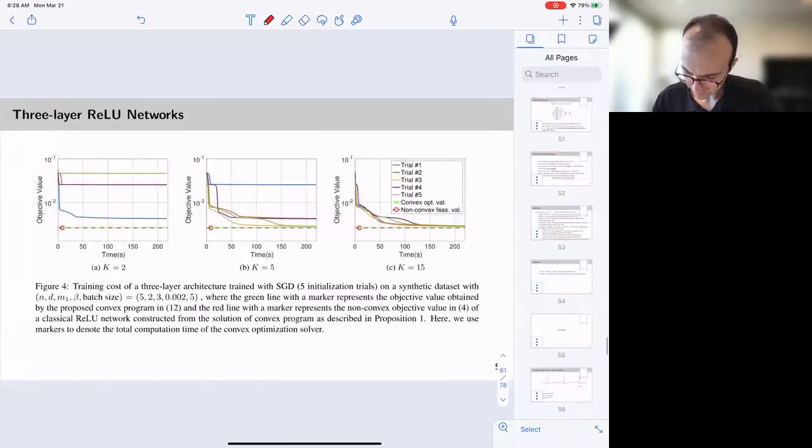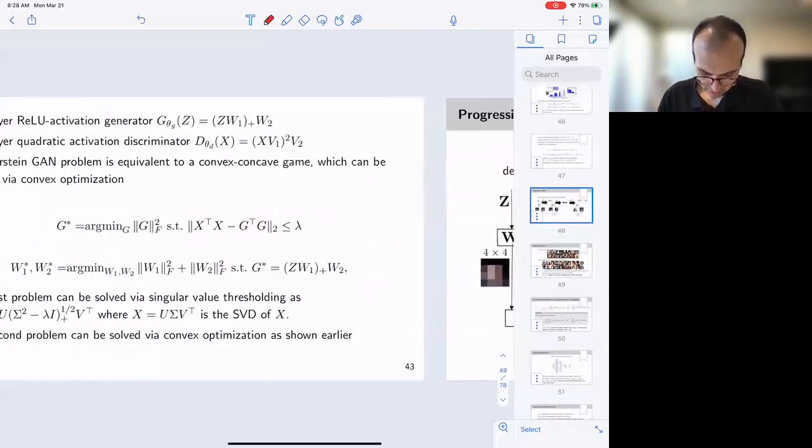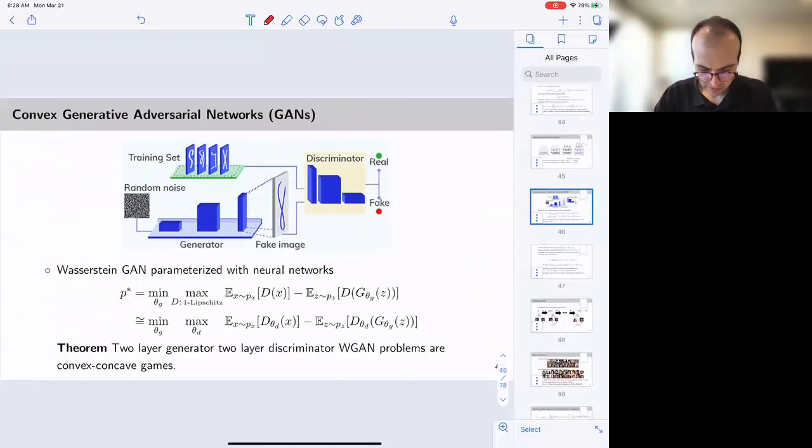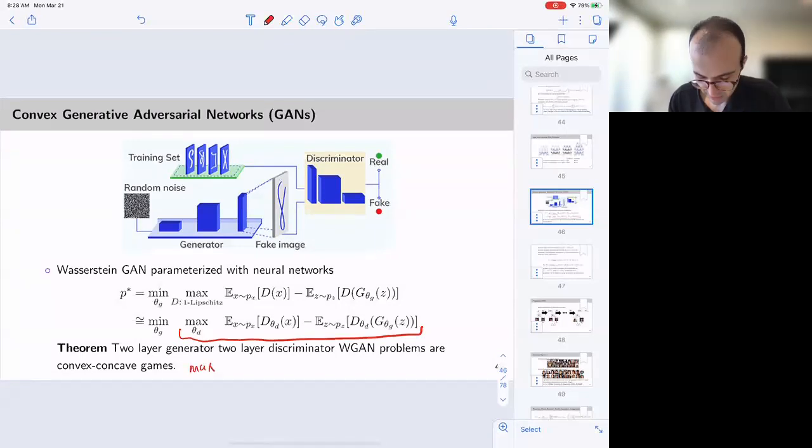So this maximization problem with respect to a neural network, if you plug in the convex program, will be to maximize some concave function, because it's in the max formulation, right? Minimize minus a convex function. So maximize some concave function, call it C of theta. This we can solve using convex programs, right?